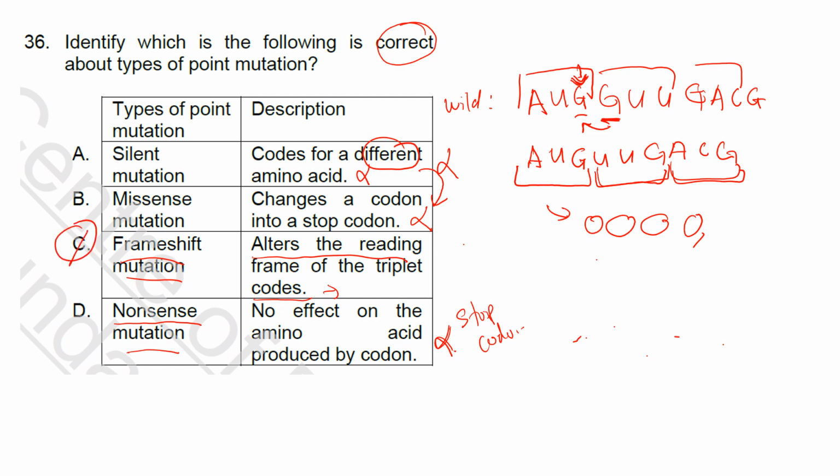So the answer will be C. That is frameshift. Frameshift can also be due to insertion of a base. For example, if you insert a base A between U and U here, it causes the codons to be read differently along the mRNA.